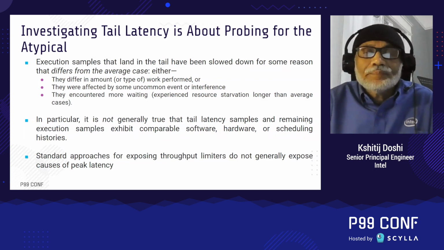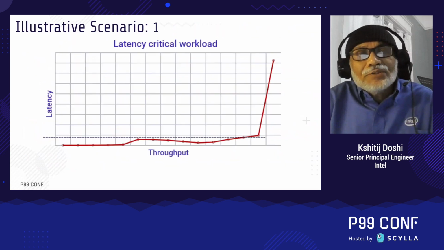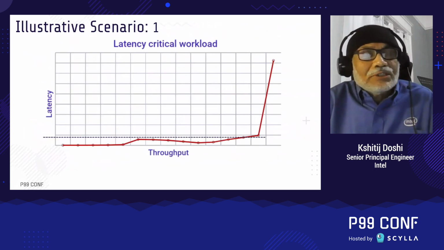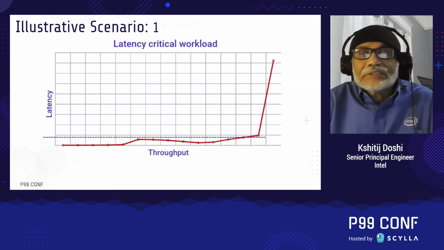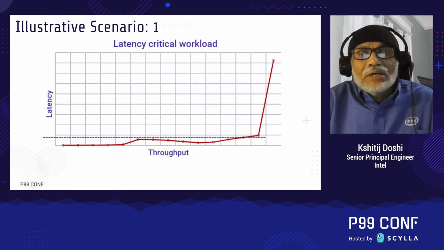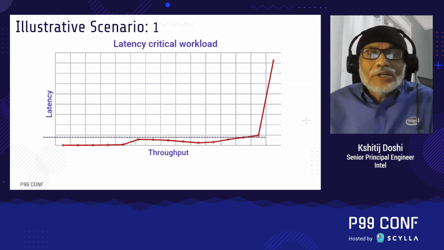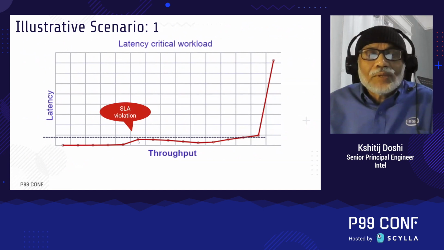small intervals of time. Let's use an illustrative scenario that we encountered recently, and it shows yet another example of various kinds of transition events. Here we have a latency critical event workload in which, as the throughput increased, the tail latency happened to cross this particular time very early on, and an SLA violation occurred.